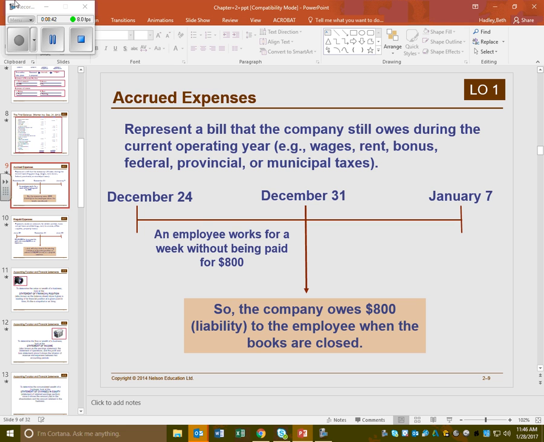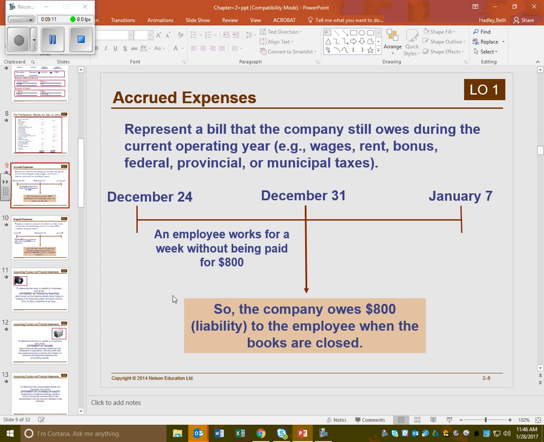So accrued expenses, that would be, if you remember, back in Accounting 1 and Accounting 2, where we always said that just because it hasn't been paid, it's still an expense. It's still because we operate not on a cash basis of accounting, but what's called the accrual basis. So therefore, we'd set up the liability.